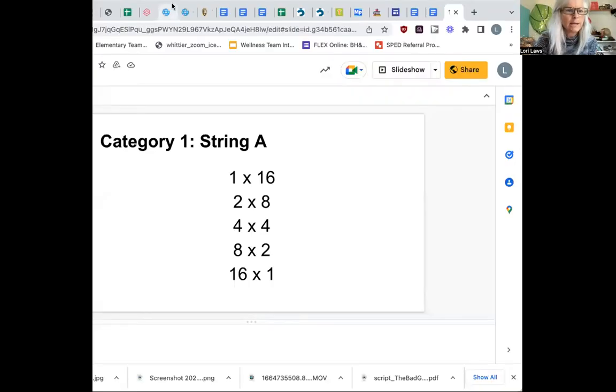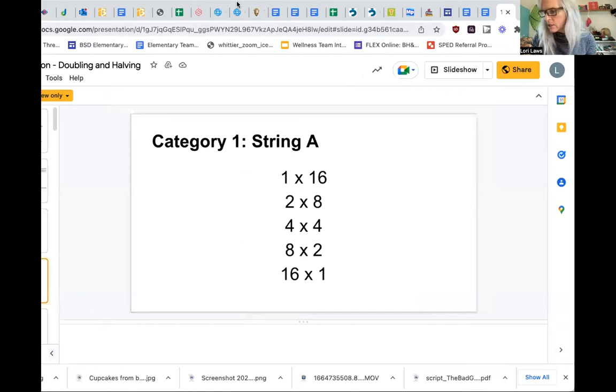So I'm going to share my screen and we are going to talk about this number string. All right. So taking a look at this number string, you can take a minute and you can just write on a piece of paper your solutions, but try to think about what are you picturing in your brain? How are you knowing what that answer is?